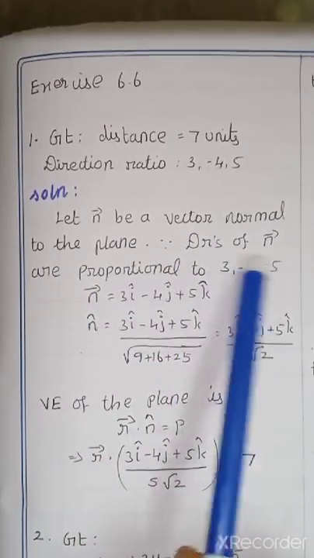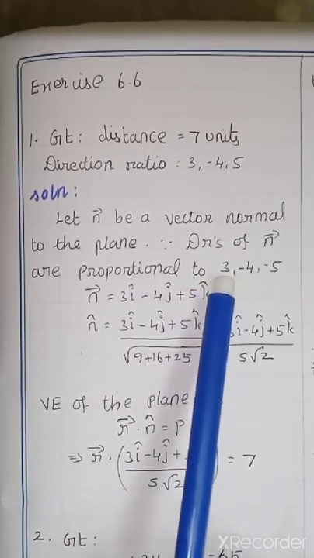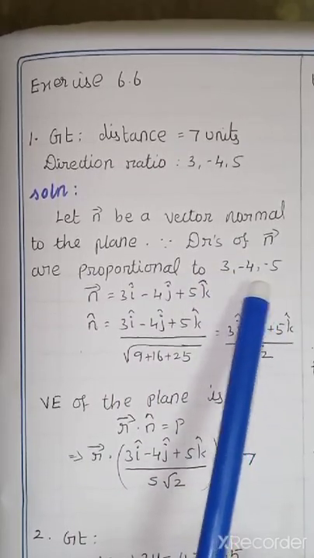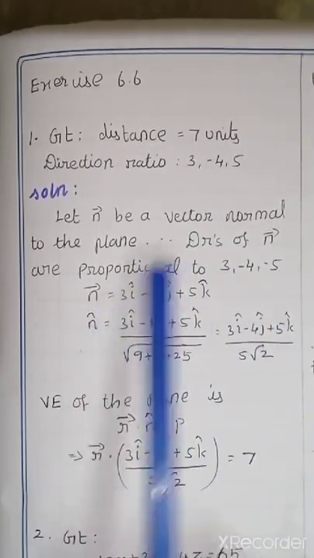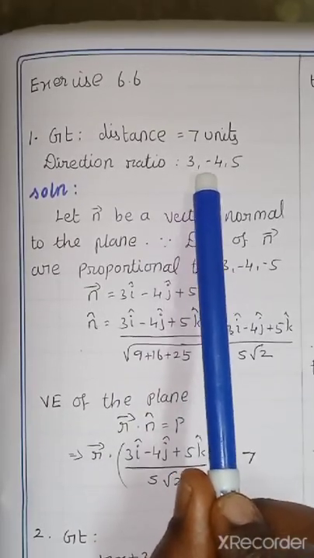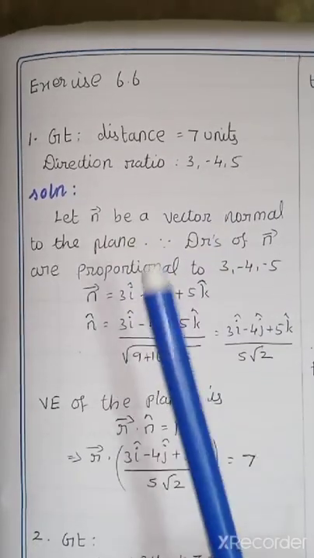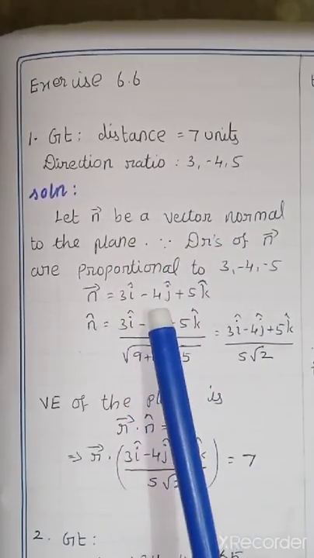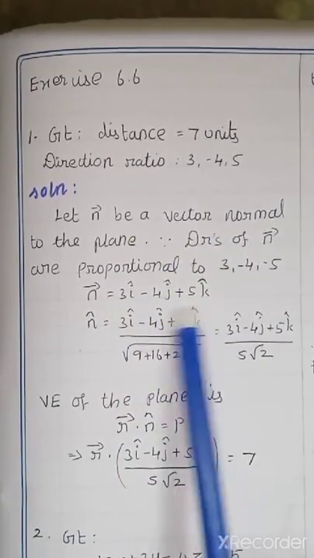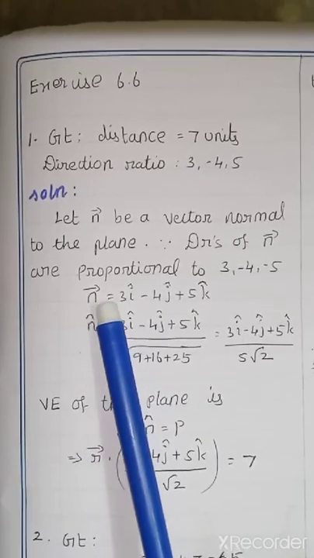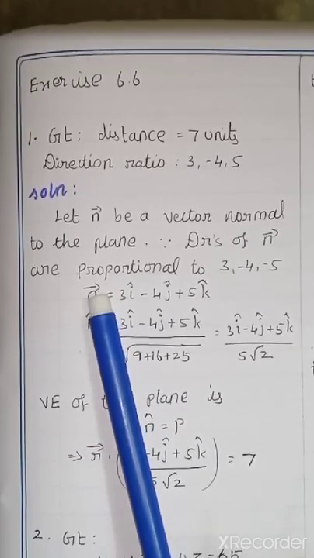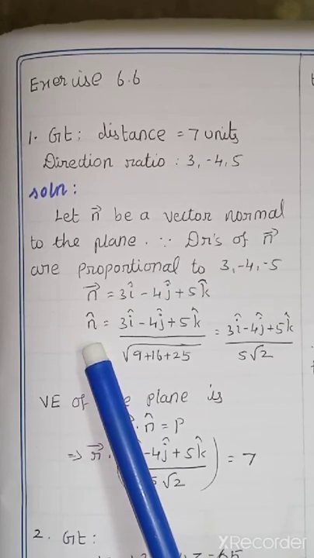Since direction ratios of n are proportional to 3, minus 4, 5, what is your n vector? 3i minus 4j plus 5k. Correct? This is your normal. Now n vector we know, we have to find out your n cap.